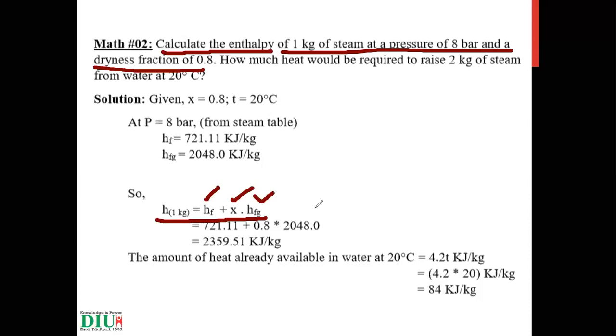To go to the steam table, we need the pressure value. Here the pressure value is given as 8 bar. So we'll go to the steam table and see what the value is at 8 bar.